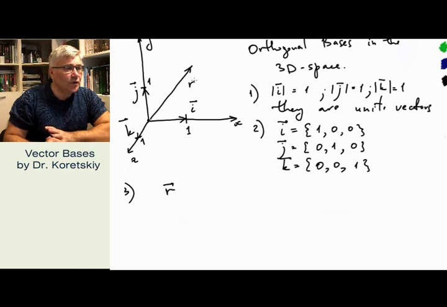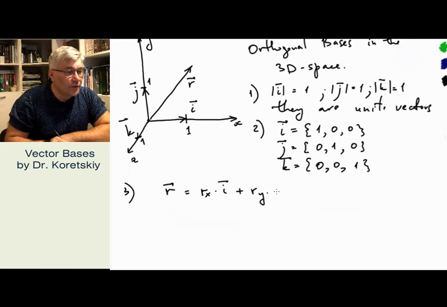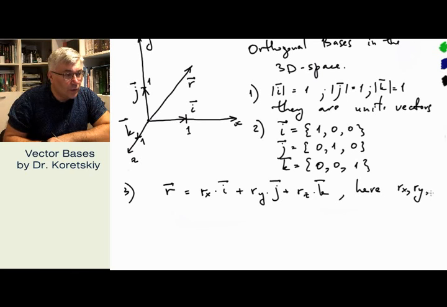The main idea of this orthogonal basis is that any arbitrary vector, it's better to use r because we are working with radius vectors, r, can be defined as a linear combination of the i, j, and k vectors, so that beside each of these vectors it has its component: Rx times i plus Ry times j plus Rz times k vector.